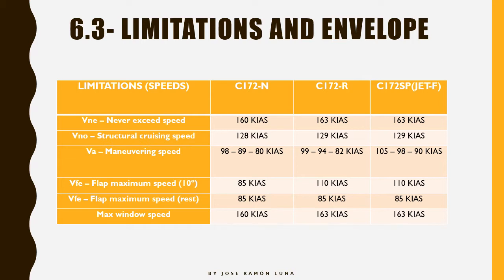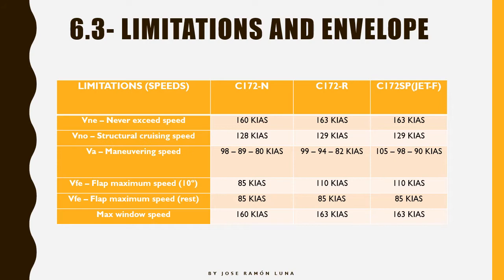The big thing I want you to see here is that the heavier and more powerful the aircraft is, the higher the values it's going to give you. So the Cessna 172 SP actually gives way higher values for VA than the rest of the aircraft. So you might imagine that the Cessna 172 November has more control than a Cessna 172 SP. That's why the Cessna 172 SP needs more speed, because the surfaces are less efficient.